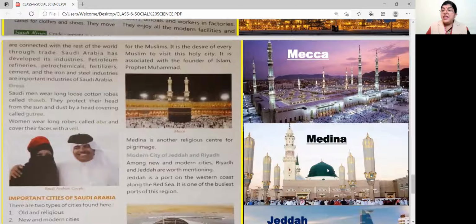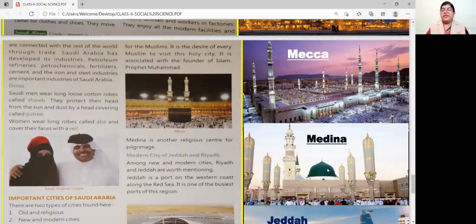It is the desire of every Muslim to visit this holy city. It is associated with the founder of Islam, Prophet Muhammad. So every Muslim wants to visit Mecca in his life. Everyone has a wish: I should go to Mecca once, because it's their holy place and it is associated with the founder of Islam, Prophet Muhammad.